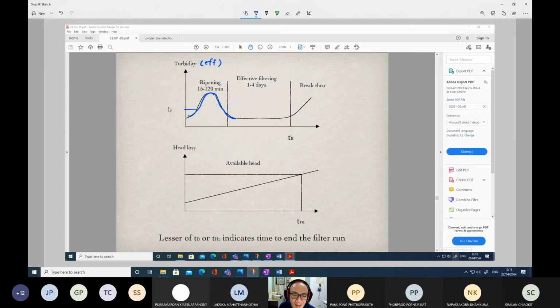So if you reach, like, 1 NTU, this will be smaller than 1 NTU for a long time. Keep it constant. After the filter gets clogged and filled with particles, there is a chance that the particles may escape from the filter media.